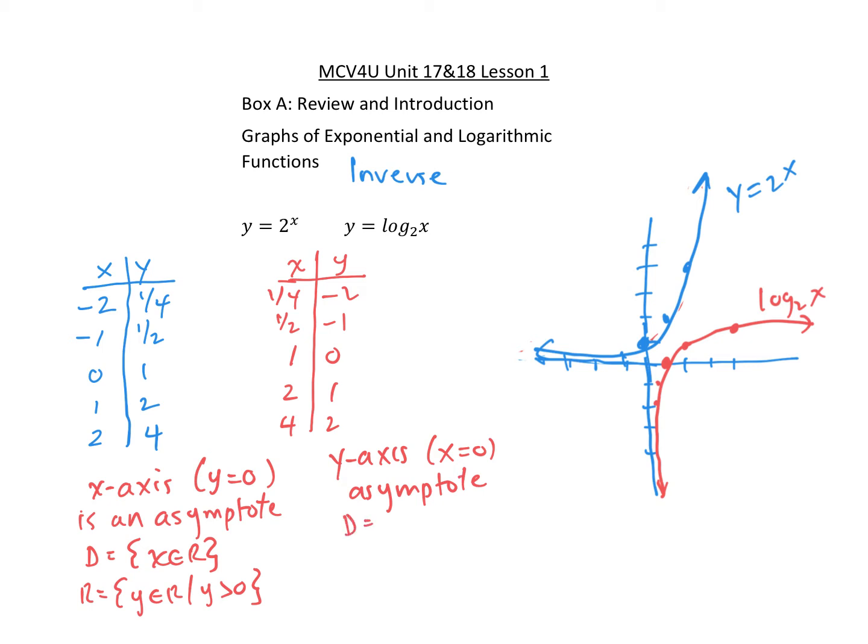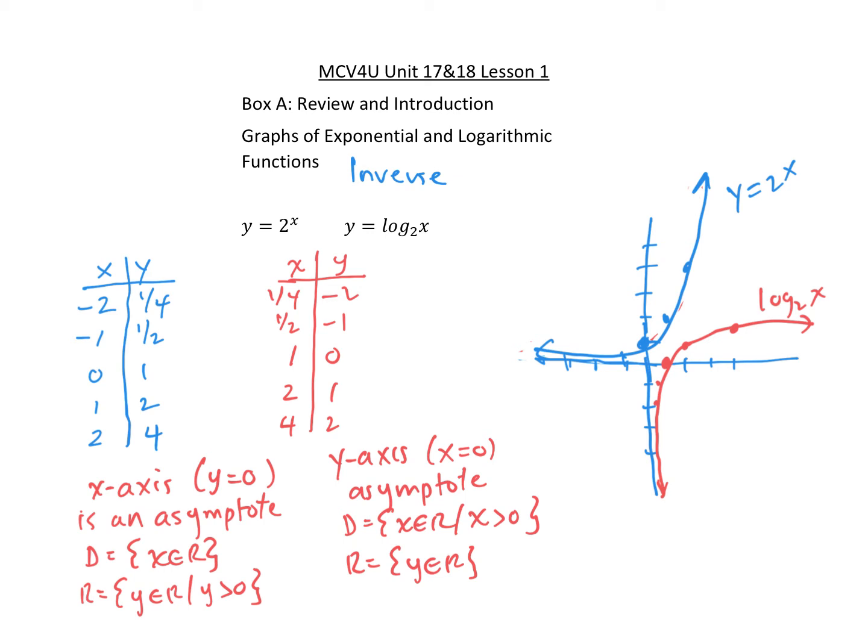The domain is now restricted, so the domain will be greater than 0, and the range will be any real number. So it makes sense because for the inverse, we switch x and y, so the asymptotes will switch x and y axis. The domain and range will switch because they represent x and y.